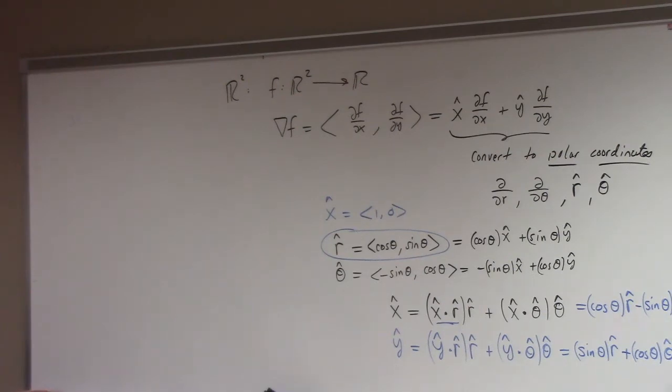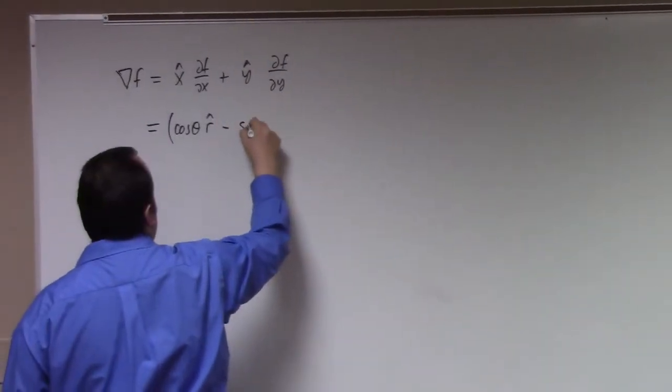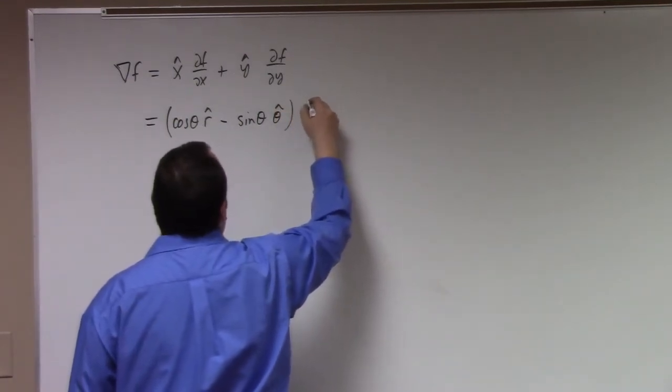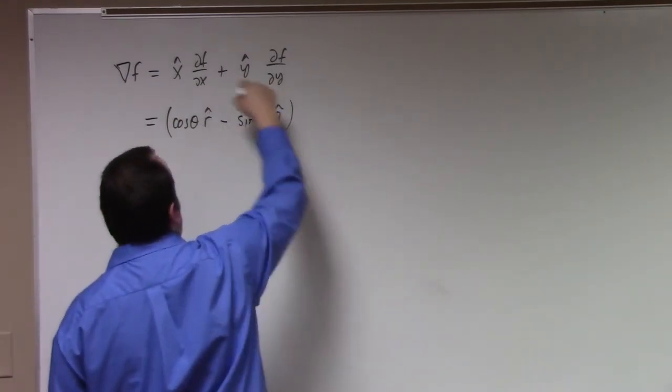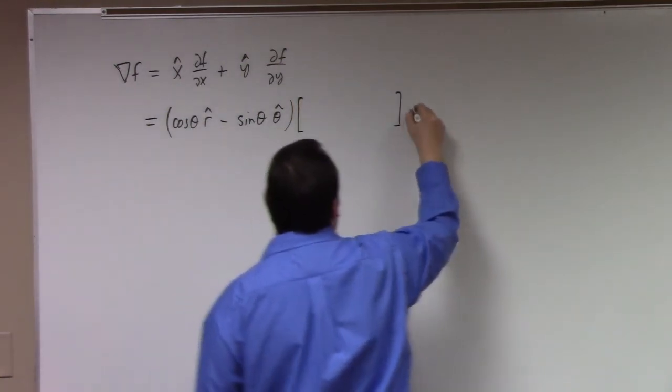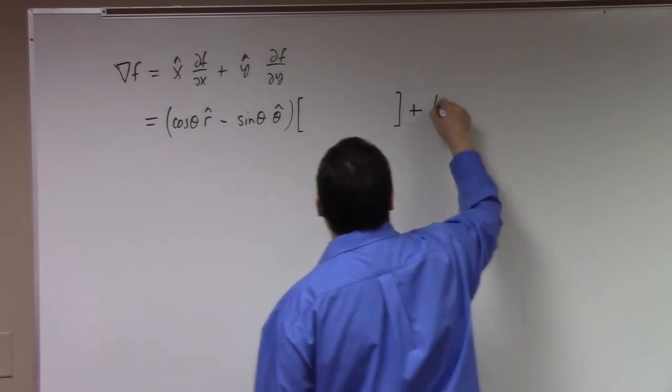The gradient of f is apparently x hat, partial f, partial x, plus y hat, partial f, partial y. What is x hat? It is cosine theta, r hat, minus sine theta, theta hat. And by the way, what is partial f, partial x? What did we do last time? While you're thinking about that, what's y hat?